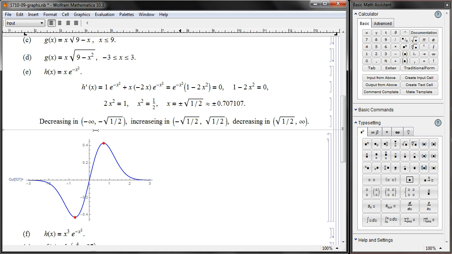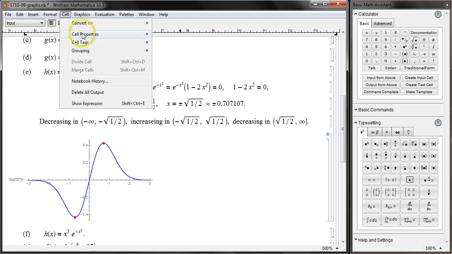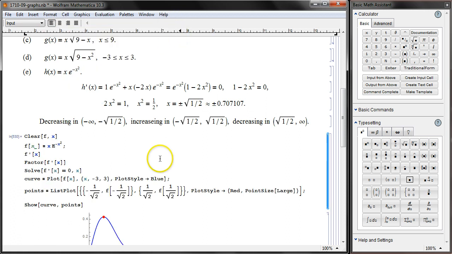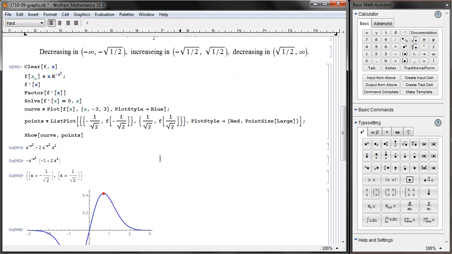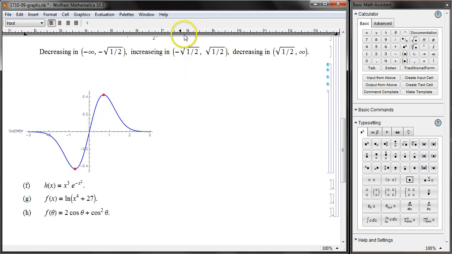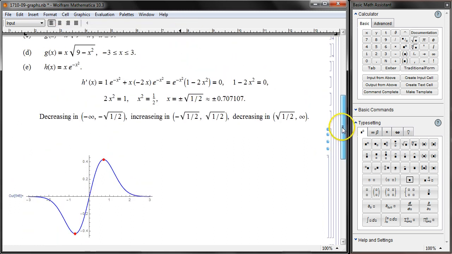Too tedious. So I'll just ask Mathematica to do the computation. Oh, I didn't even ask Mathematica to do that computation, so I guess that's something I even gave up on. So I'm not going to worry about concavity here.